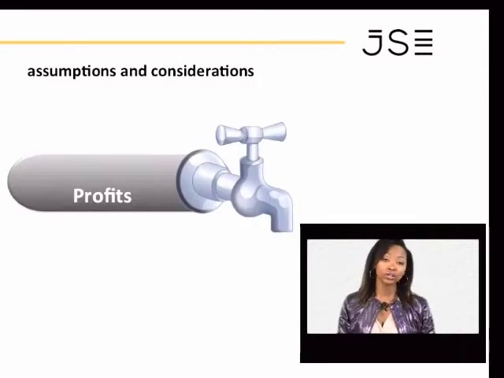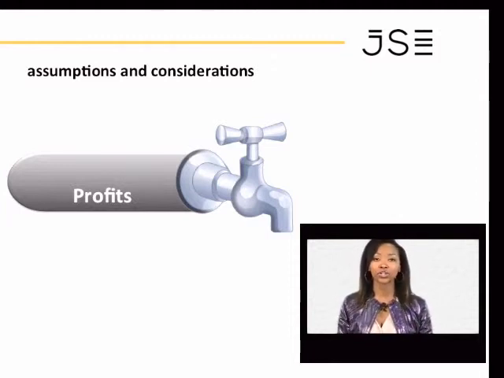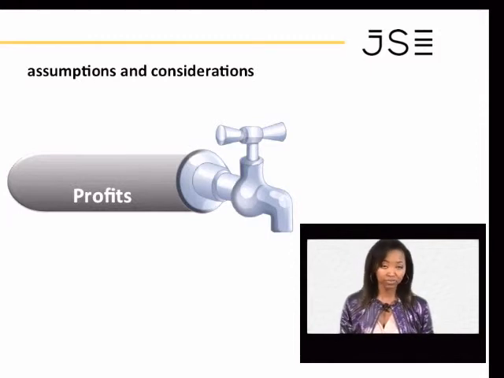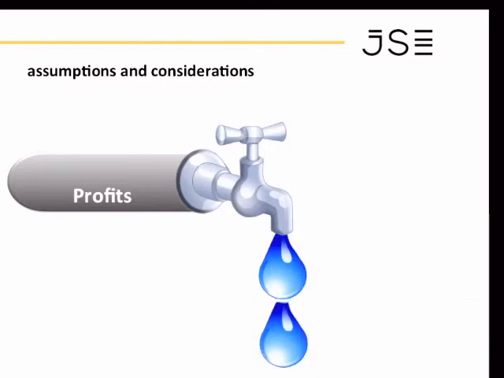In all our discussions so far on shares and capital profit and what you can make from shares and dividends, we haven't looked at 2 important factors which actually drain what you make in terms of your profits. You can think of it as a leaking tap. You've got profits that you make from your investments, but then there are leakages, and those leakages are basically taxes and trading costs.